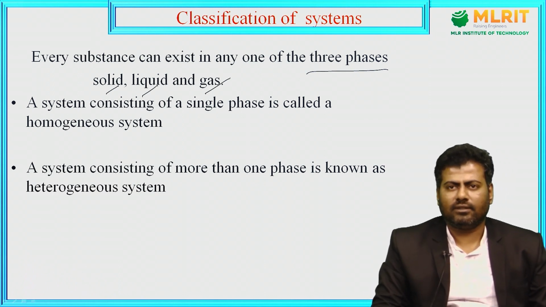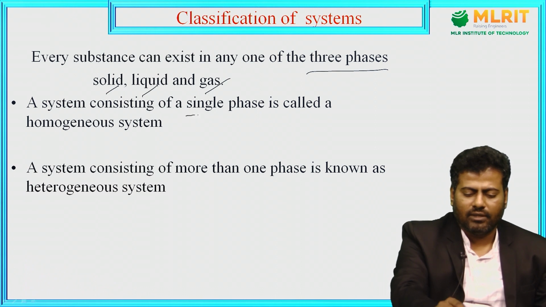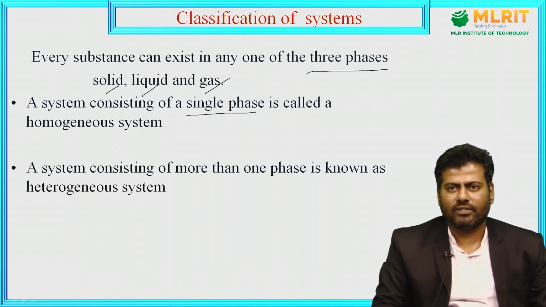So we have these three phases. A system consisting of a single phase is a homogeneous system. A single phase means either a solid phase, or a liquid phase, or a gas phase.